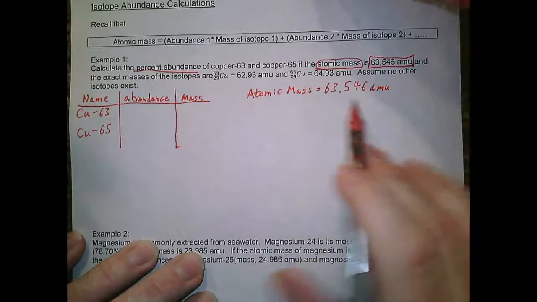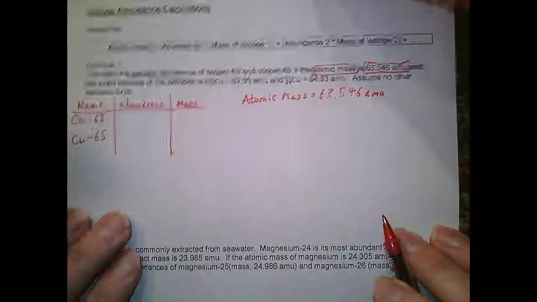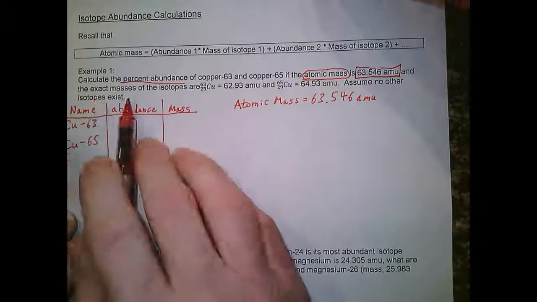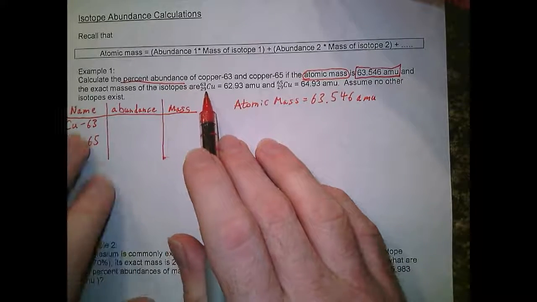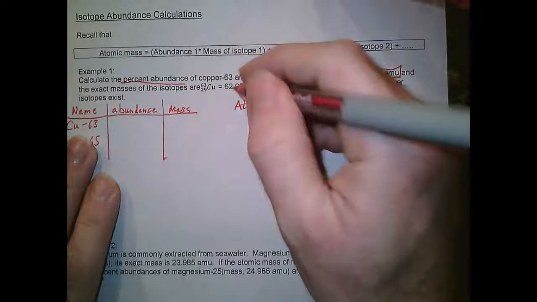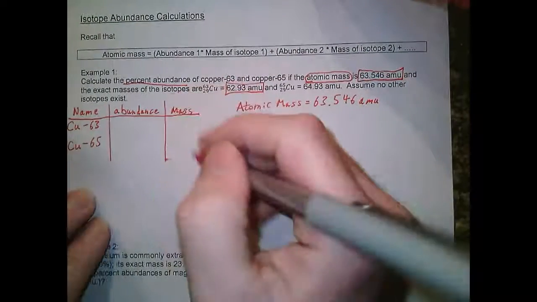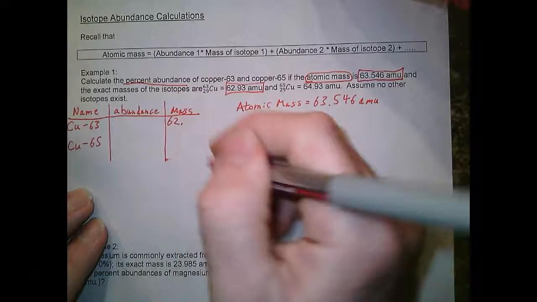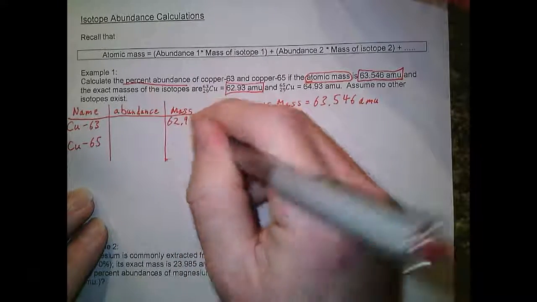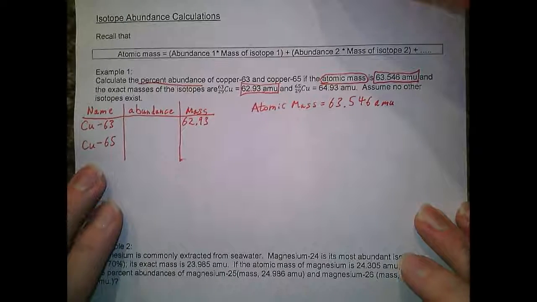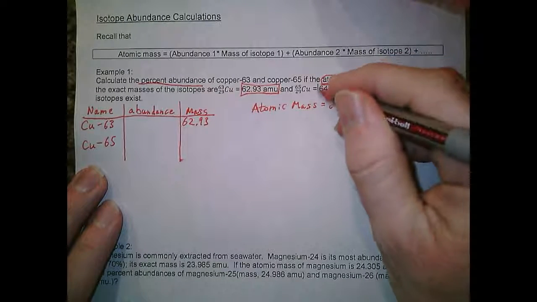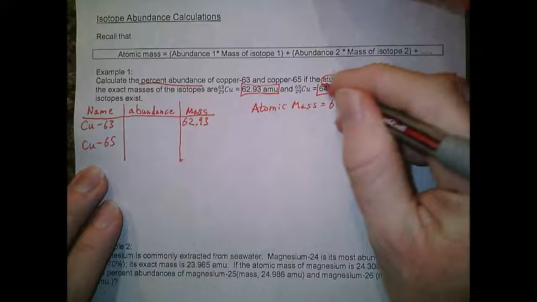That's going to be important because it's part of our formula. We have the exact masses of these isotopes. Copper 63 has a mass of 62.93 AMU, so we're going to write that right here, 62.93. And then copper 65 has a mass of 64.93 AMU.